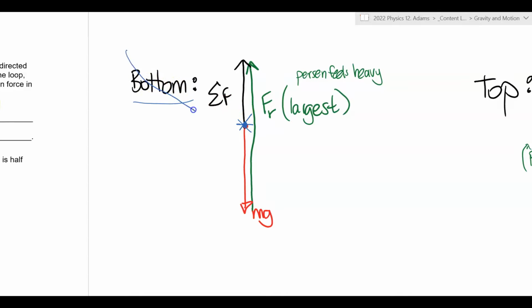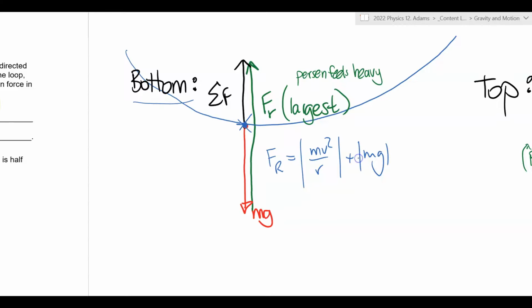Remember, there's the bottom of our loop-the-loop, or whatever the path may be. So essentially, our reaction force has to be, in terms of magnitude, our net force and our weight force.